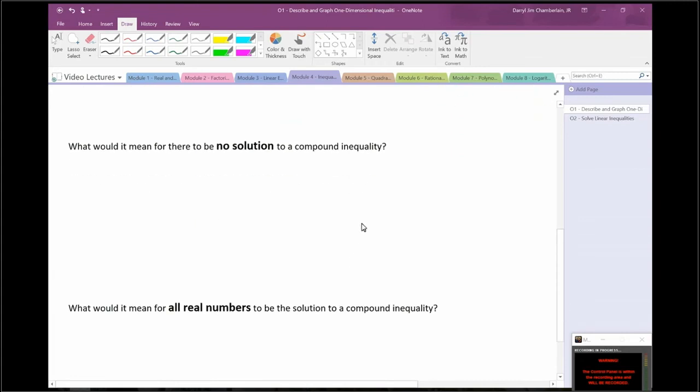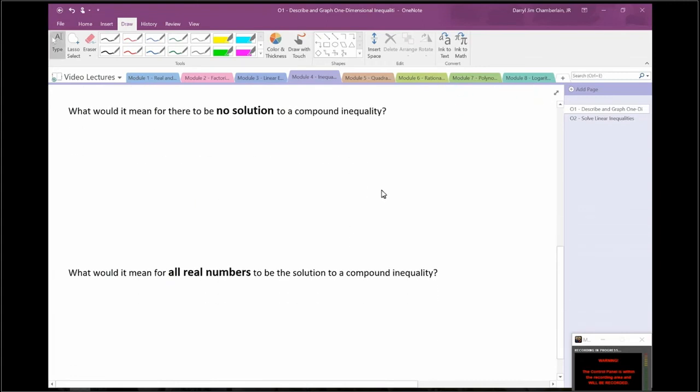So thinking about compound inequalities, we have two special cases. If I have a compound inequality and there is no solution, that would mean I was looking for some overlap and I didn't find any.